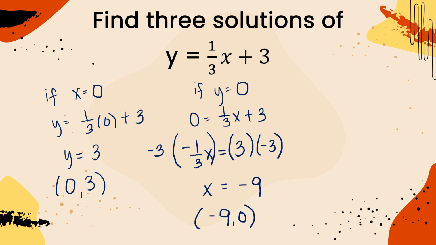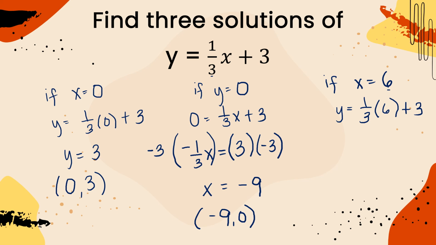Last, let us try to have x is equal to 6. Bakit 6? For us to avoid fractional coordinates, ang ginamit ko ay kung alin yung divisible dun sa ating denominator. Para at least mas madalian tayo ng pag-solve or pag-compute nung kapartner ng ating ordered pair. So, if x is equal to 6, y now is equal to 1/3 times 6 plus 3.